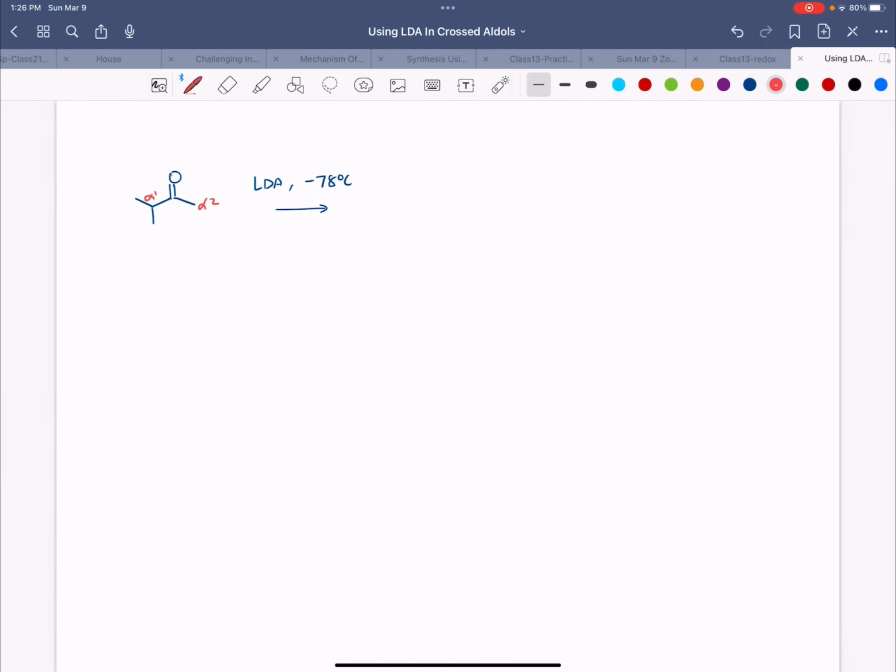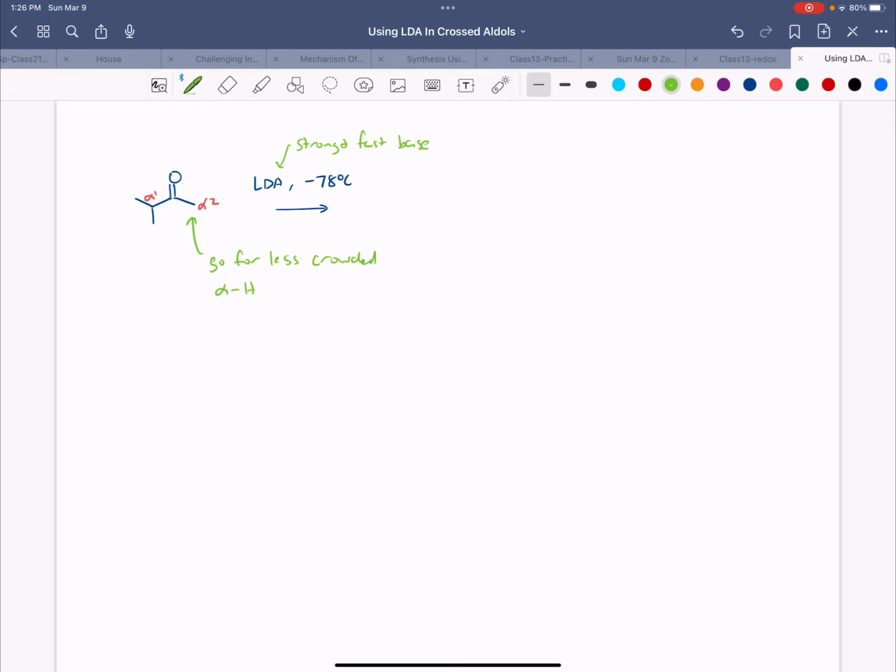And you choose with LDA because it's a strong and fast base. You go for the less crowded alpha hydrogen.